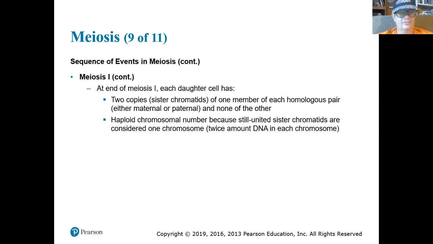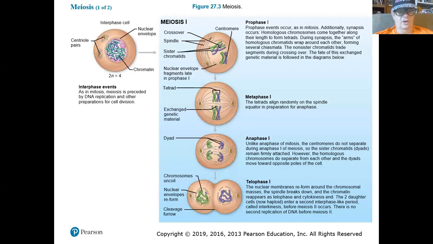Okay, great. Now, at the end of meiosis 1, each daughter cell has a doubled chromosome, 2 chromatids, this one and this one. And they're still going to call it a chromosome. It would be much better if they would call it a doubled chromosome. I think that's just wise.